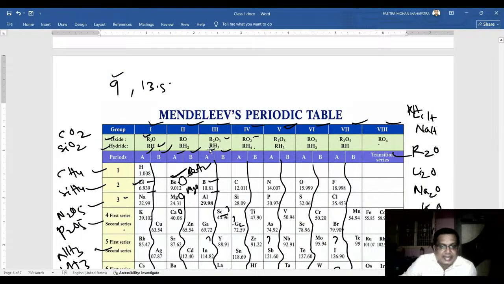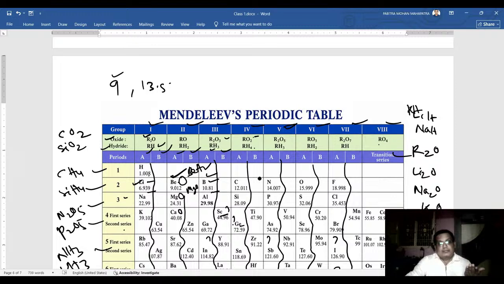If I take the atomic mass of beryllium as 13.5, then you go against the Mendeleev periodic table, because the Mendeleev periodic table says that the atomic mass of beryllium must be in between lithium and boron. Yes or no? If I think about 13.5, then it is impossible to place beryllium in between lithium and boron. It must be present after carbon.